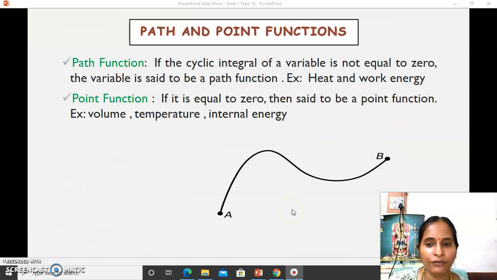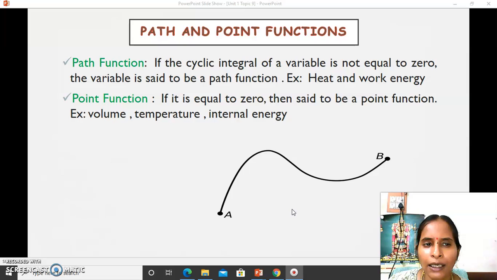Path functions and point functions are already explained. Path functions are very specific. We can tell that if the cyclic integral of any variable is not equal to 0, then the variable is said to be a path function. Heat and work are path functions.